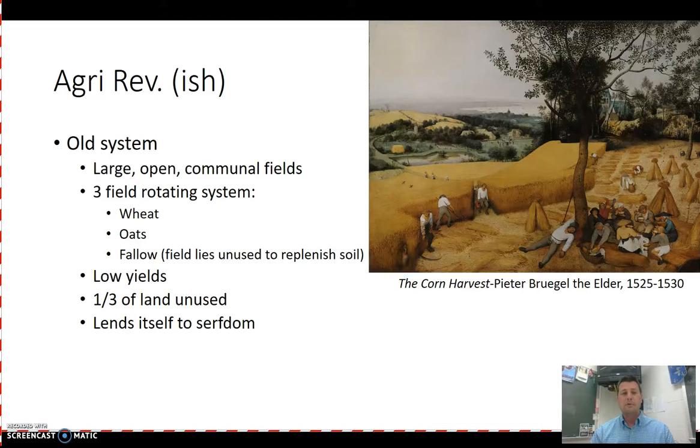It's led to low yields overall, and if you think about it, it makes sense. You're not using one third of your land for an entire year, every year. So really, that's not an efficient way of doing things, and it really lends itself to this idea of serfdom. Again, not pushing yourself to maximize in any way, shape, or form.